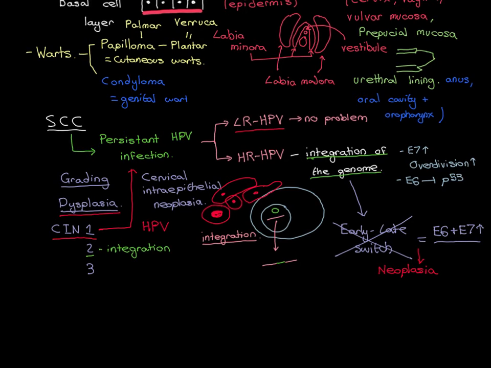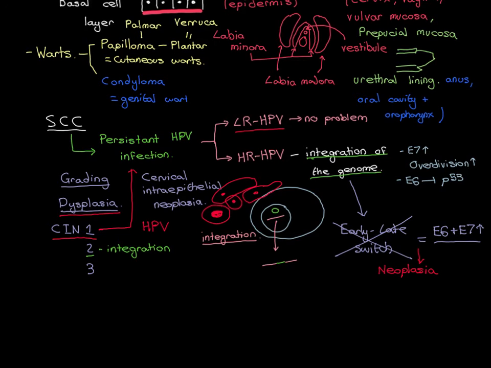If you've got a high-risk human papillomavirus persistent infection, then eventually what might happen is integration of the genome, and then you'll get worse dysplasia occurring in that mid-zone, and that will now be CIN2, so you'll see more radically different sized cells and more radically different sized nuclei in CIN2.